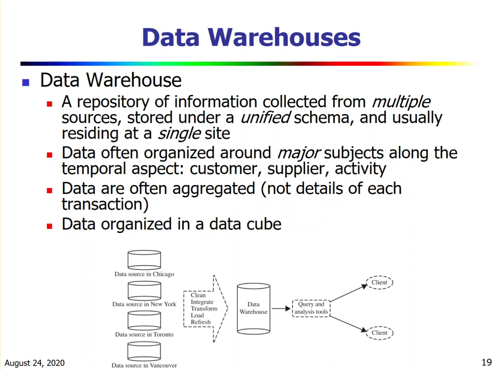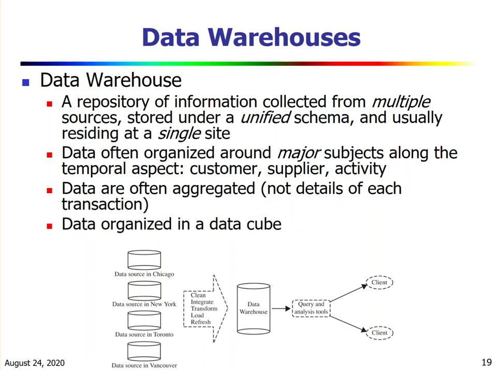Also different from transactional databases, the data warehouses are organized around major subjects. So you might have a customer data warehouse, a supplier data warehouse, an activity data warehouse. Each of those data warehouses answers customer related, supplier related, activity related questions.